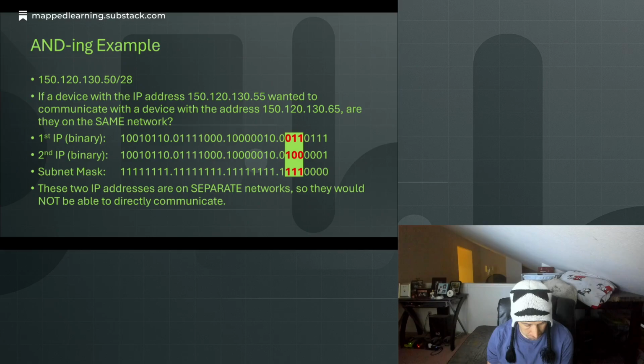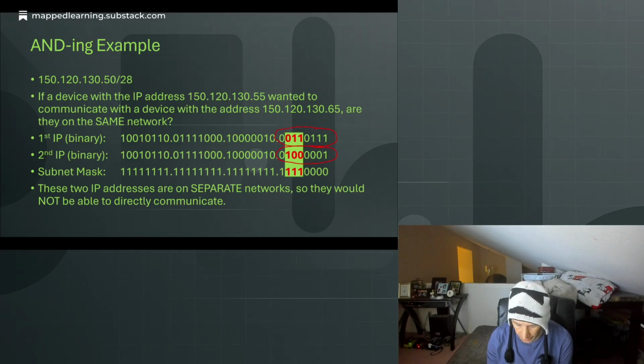So what we do here is, on the top, I have the .55 address written in binary. The middle binary is the 65, and the bottom is the subnet mask. If you know the actual subnet mask, awesome. I didn't bother because it's not really important at this point. That will come later.